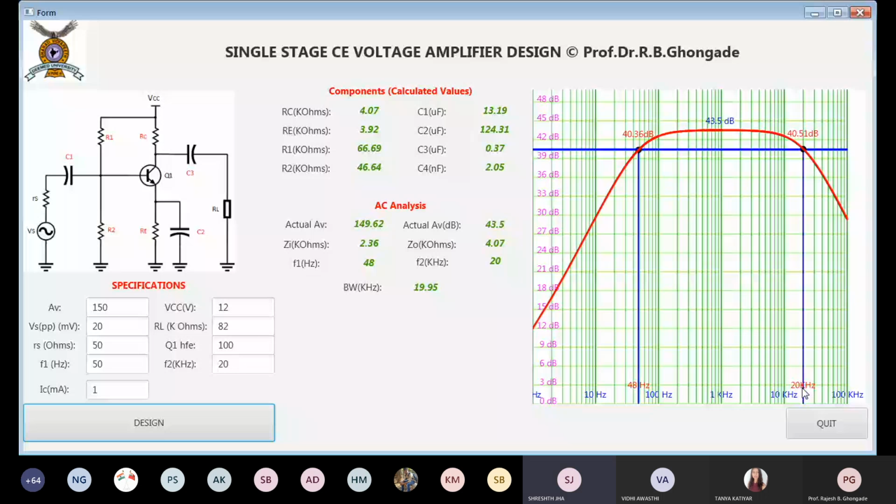Look at this, sir, your C4 is not audible. It is in nanofarads only. Okay, sir. In this diagram, C4 is missing. That I'll correct. But C4 we have calculated here like this.